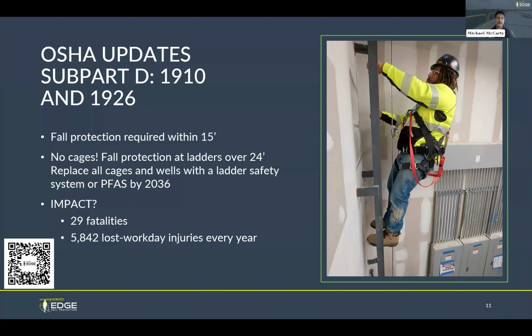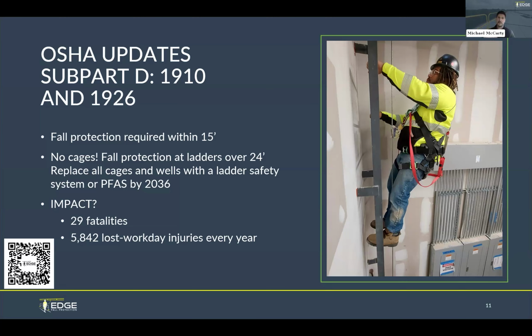The other big impact that we've seen is there are no more cages going on ladders. You guys have probably heard about this, I imagine, or at least are somewhat aware of it. Prior to this rule, any ladder over 20 feet had a cage put on it. What they found out was these cages aren't keeping people safe.